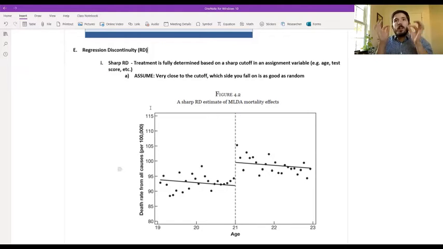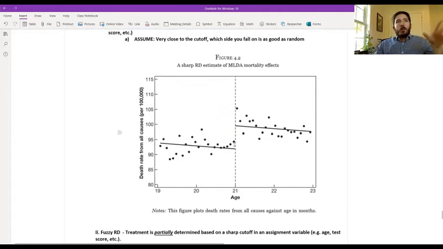In other words, we've got an apples to apples comparison of people just above and just below the cutoff. People just above the cutoff that get the treatment, as a counterfactual we're going to use the people just below the cutoff that didn't get the treatment. So it's a pretty simple idea, and you can see it graphically very nicely, which is why it's become very popular in economics.